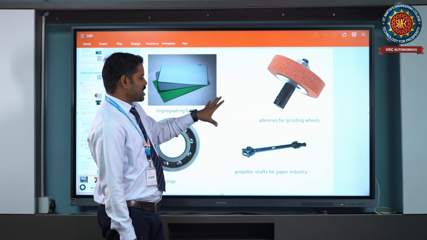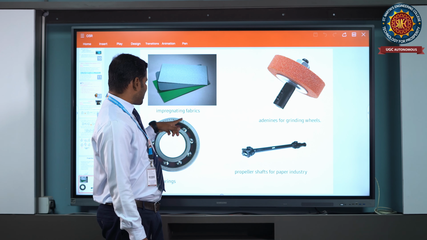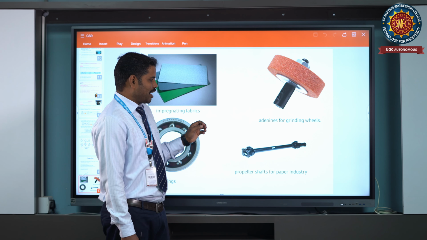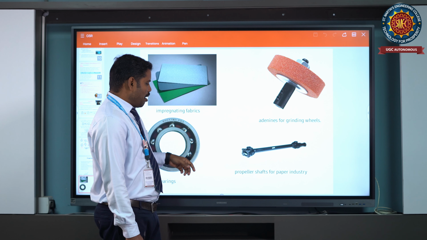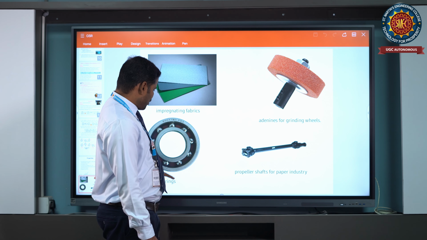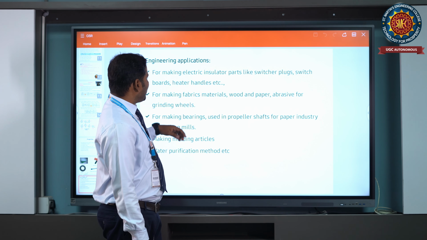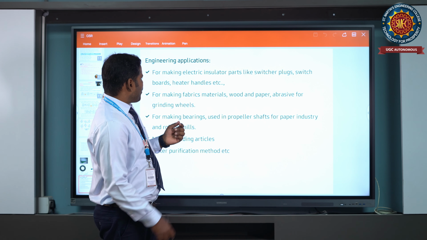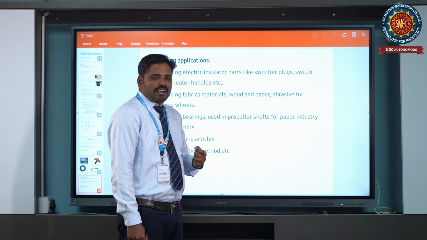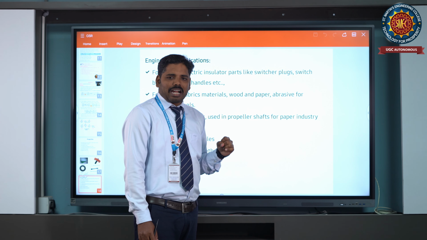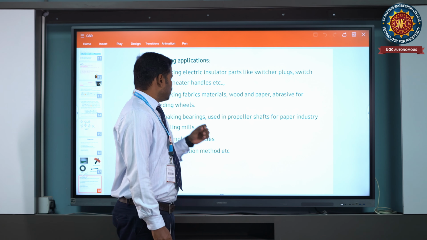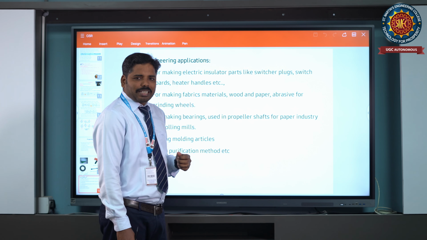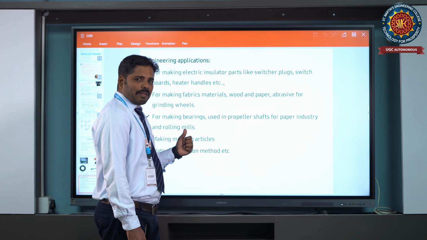Some applications of engineering materials. First one, fabric materials. Second one, grinding wheels. Third one, propeller shafts, mills and bearings. It is used for making bearings, and for making electrical insulator parts such as switch boards and heater handles. Second one, for making fabric materials. Third one, for making bearings.